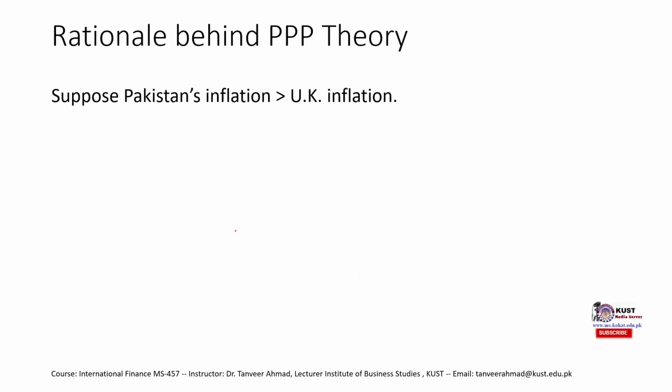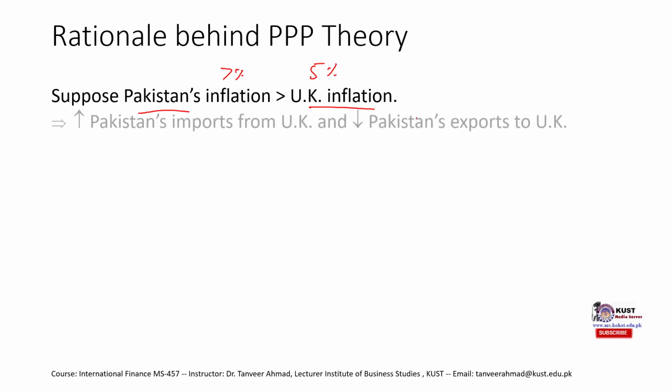So coming to the rationale behind purchasing power parity, we have already discussed this in previous slides, but let's go through this slide. Suppose Pakistan's inflation is greater than UK inflation. In the previous slide, we saw that Pakistan's inflation was 7% and the UK's inflation was 5%. What would be the effect?